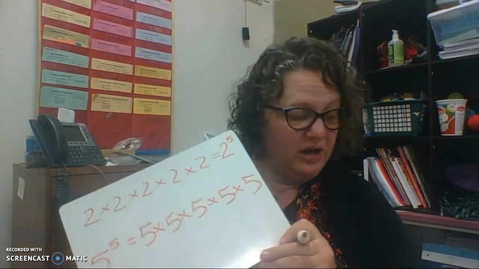Now, yesterday, before this lesson, you did work with prime factorization. So let's say you have the prime factorization of 36. 3 goes in there 2 times, and then we have 3 and 4, and then we have 2 and 2.